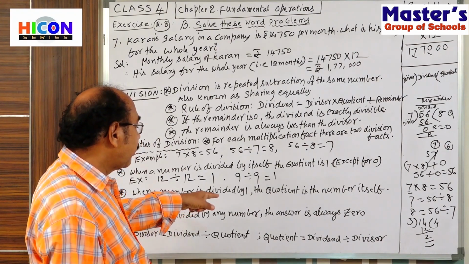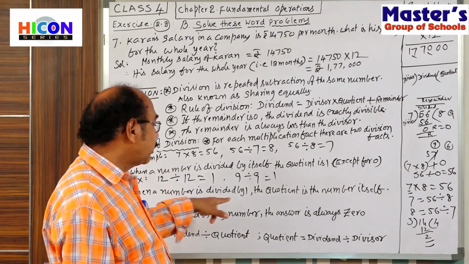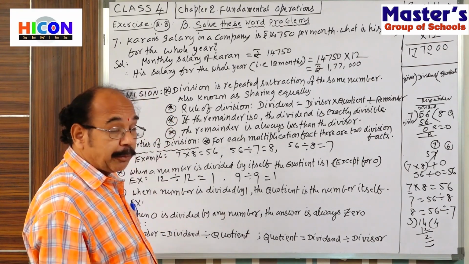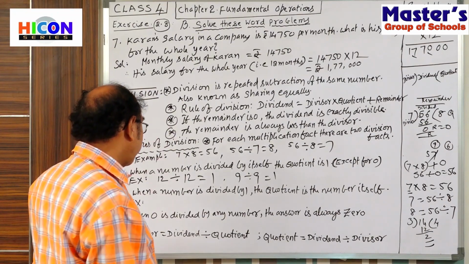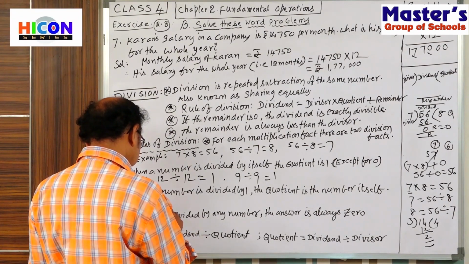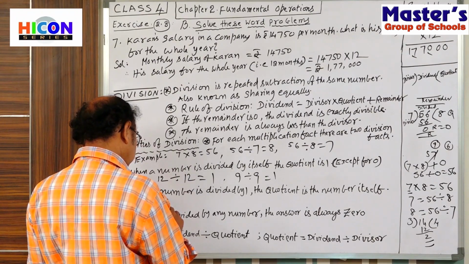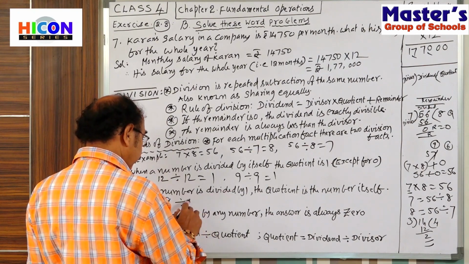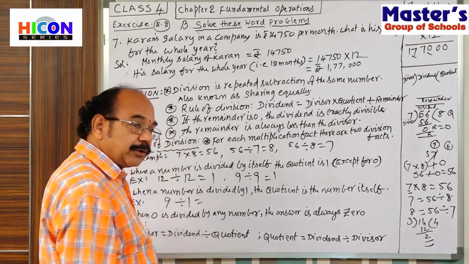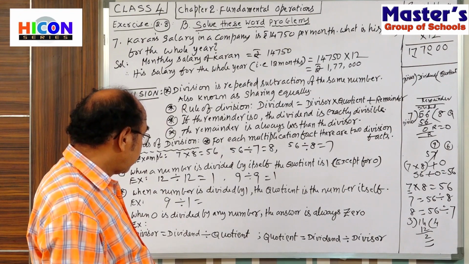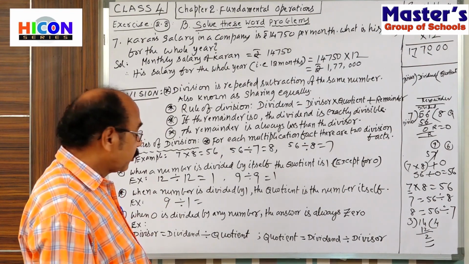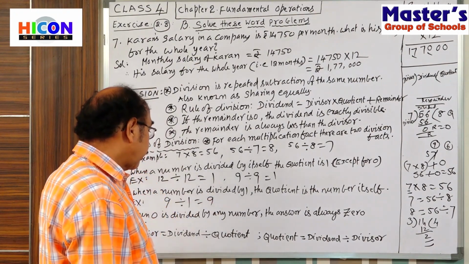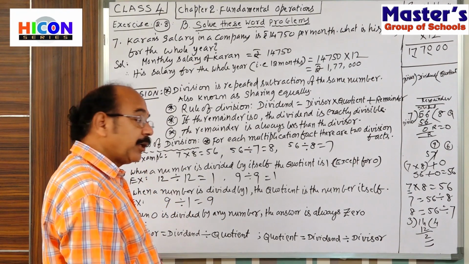When a number is divided by 1, next one see. When a number is divided by 1, the quotient is the number itself. Take one number. Suppose 9. Divide this with 1. 1 how many times in 9? 9 times. 9 ones are 9.